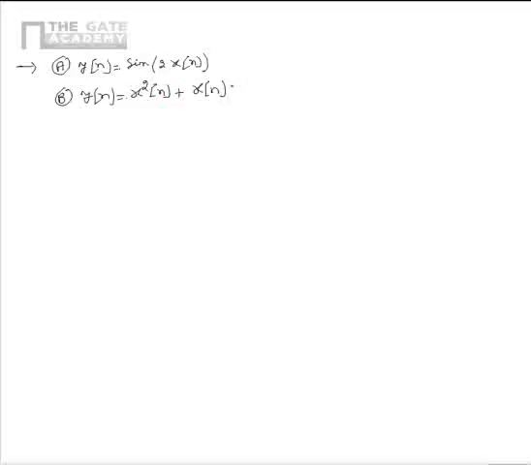Option C corresponds to y of n is equal to 2 times x of n plus 5. Option D corresponds to y of n is equal to x cube of n plus x power 4 of n.